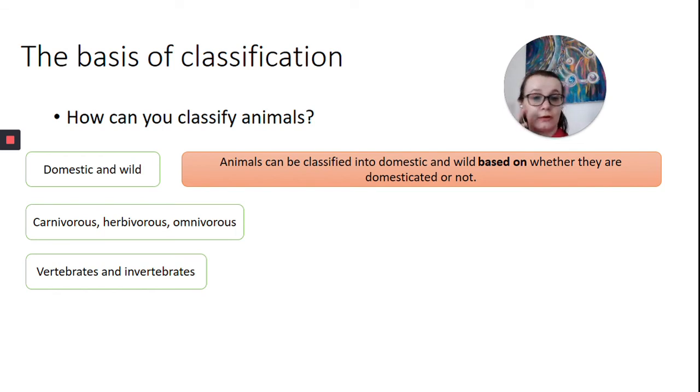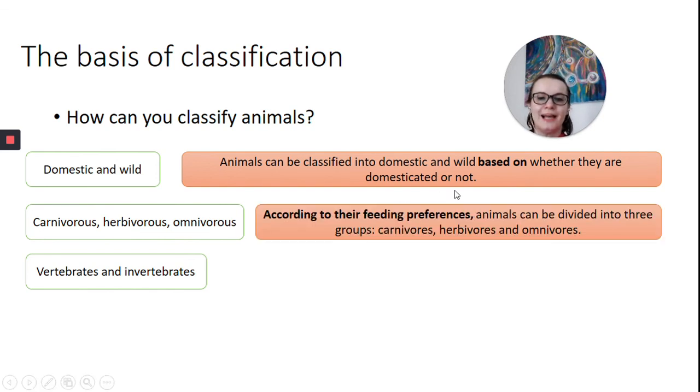Okay. So what about carnivorous, herbivorous, omnivorous? What is that? According to their feeding preferences, depending on what they eat, they can be divided into these 3 groups: carnivores, herbivores, omnivores. Vertebrates and invertebrates. What's that about?